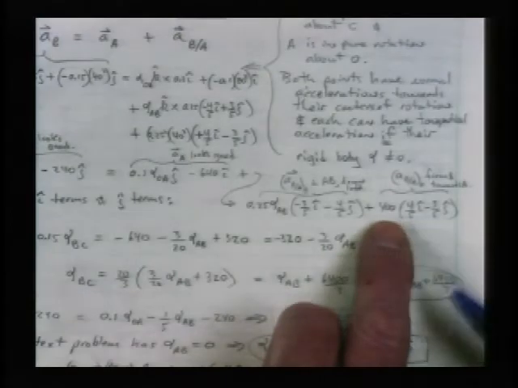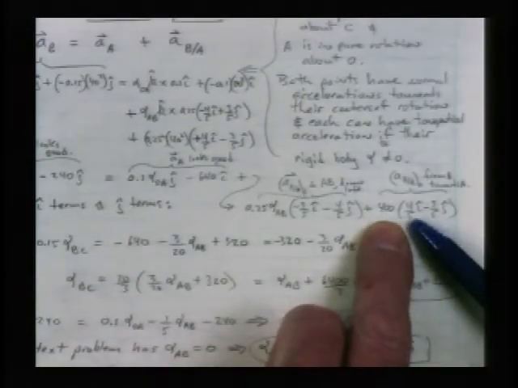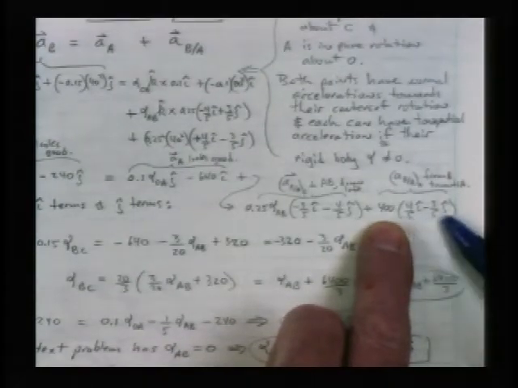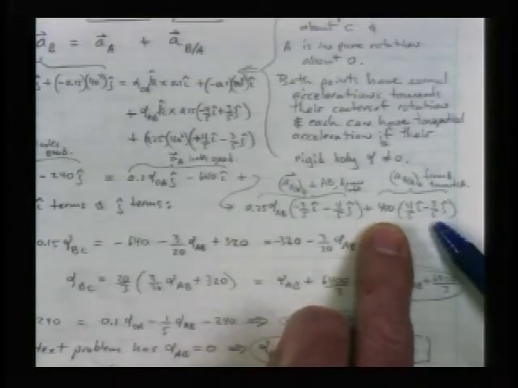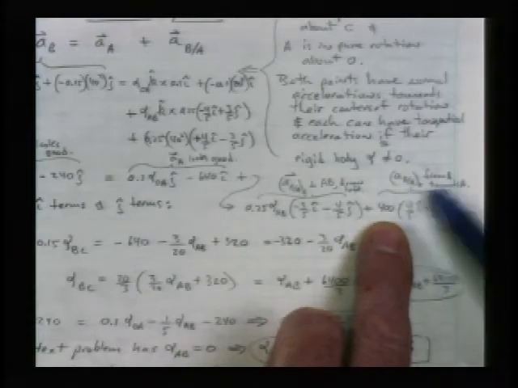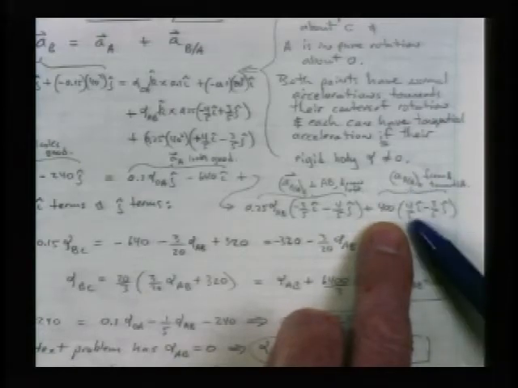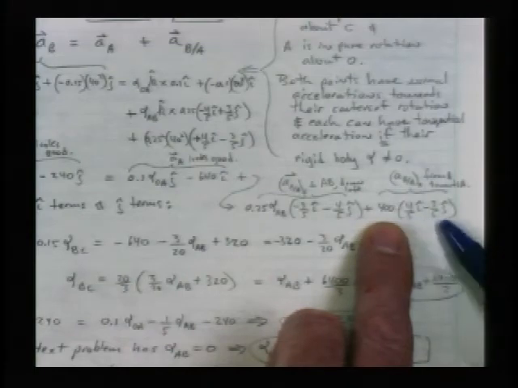Here is a nice little unit vector describing the direction from A to B. Oh, actually, I'm sorry. Be careful. This normal acceleration has to point from B back towards A. So that's why I have a positive i component here and a negative j component. Okay?